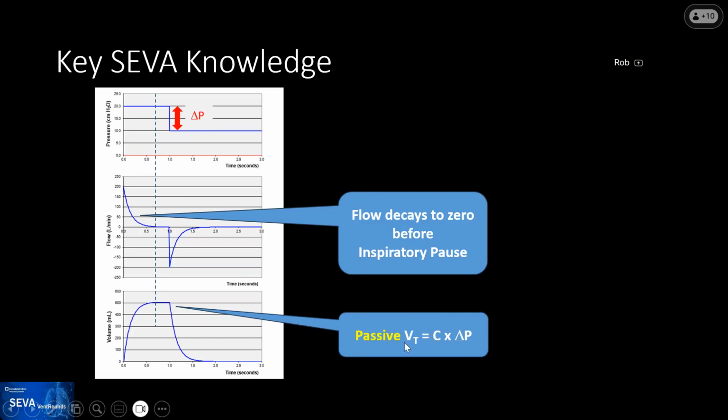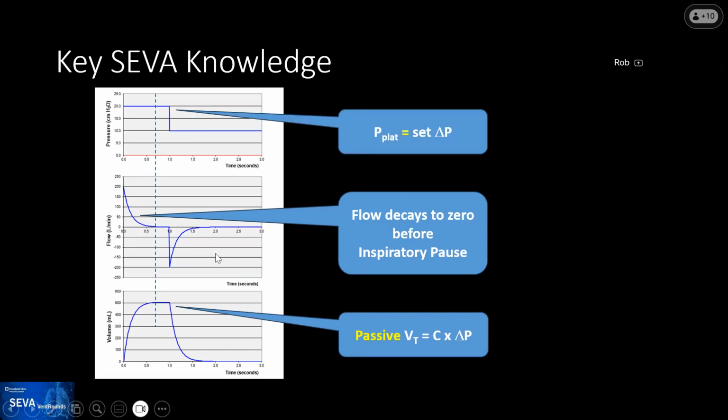And what is that tidal volume? Well, it's just the compliance times the change in pressure. Change in pressure is the set PIP minus the set PEEP. In this situation, the plateau pressure will be equal to the set inspiratory target pressure above PEEP, just as you would expect.